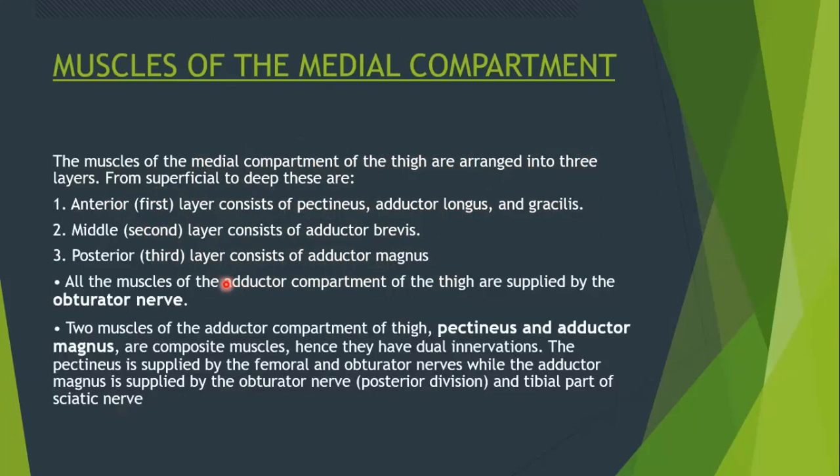Now these are the characteristics of the adductor muscles of the adductor component. All are innervated by the obturator nerve. If you remember when we were doing the lateral rotators of the thigh, we mentioned the obturator externus. Obturator externus is innervated by the posterior division of the obturator nerve.